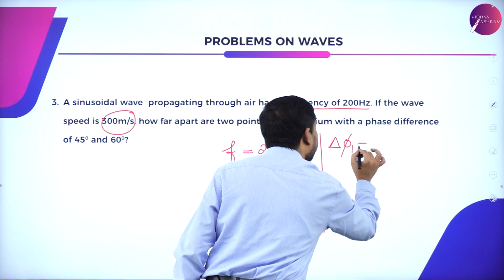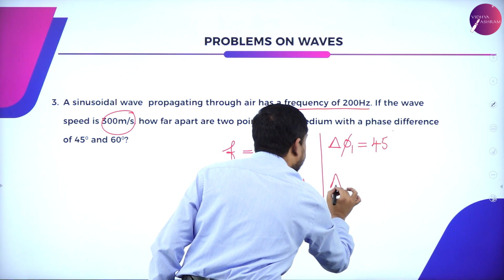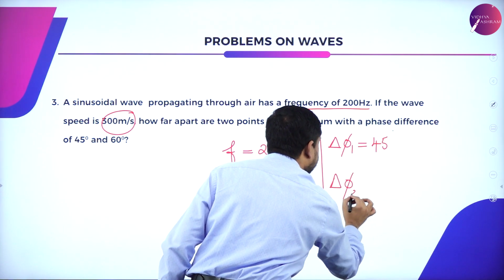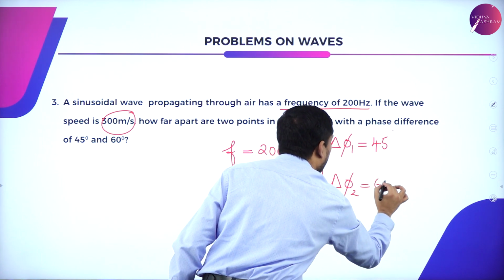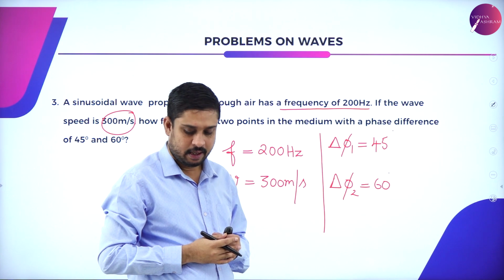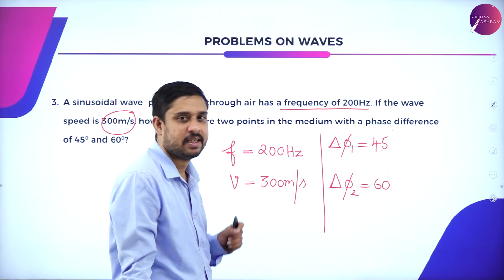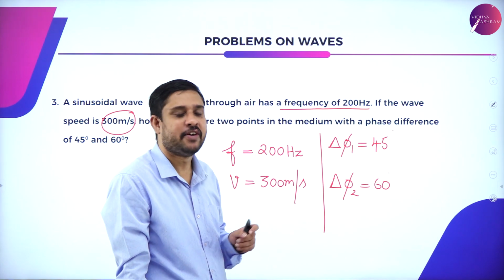Delta phi 1 is 45 degrees, delta phi 2 is 60 degrees. I have to calculate the path difference here.